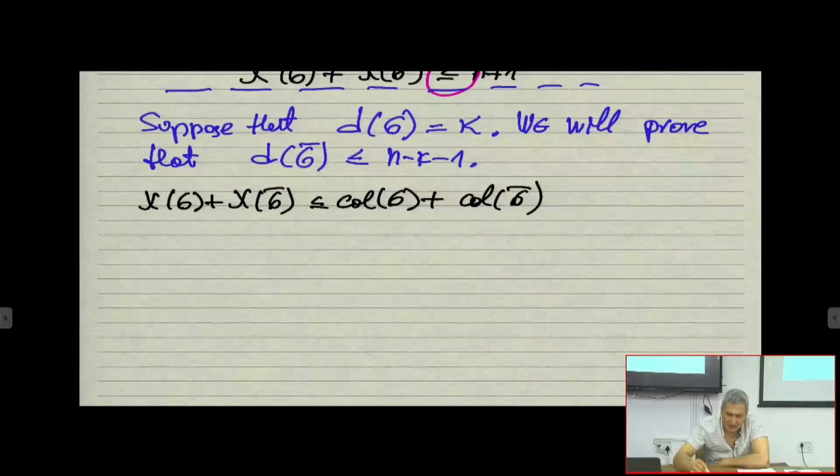So, chromatic number is at most coloring number, chromatic number of the complement is at most coloring number of the complement, yes? Okay, and then what do we have? Then we have k plus 1, the coloring number of G is k plus 1 if degeneracy is k, plus coloring number of G complement is n minus k minus 1 plus 1, since I use here this, so n minus k minus 1 plus 1.